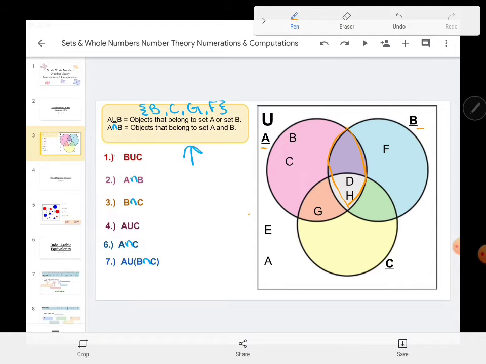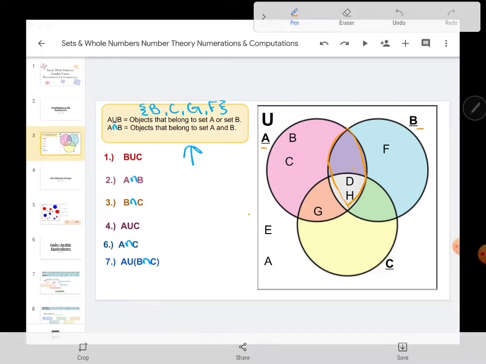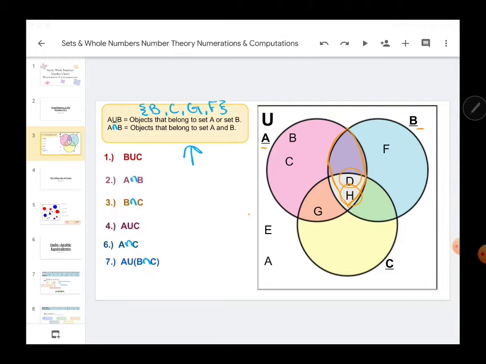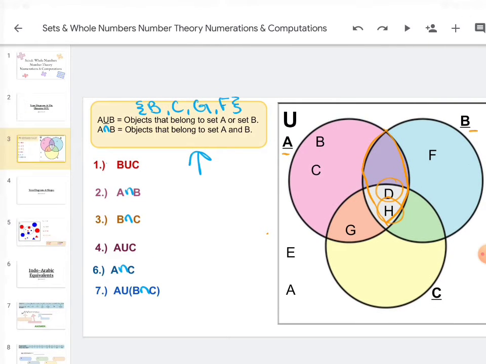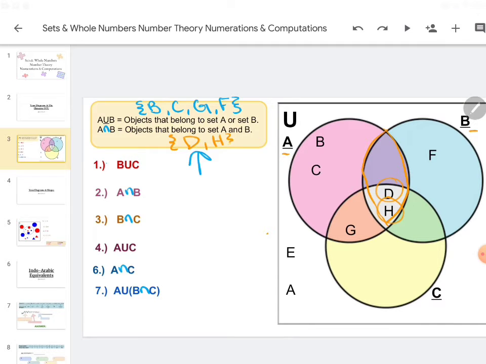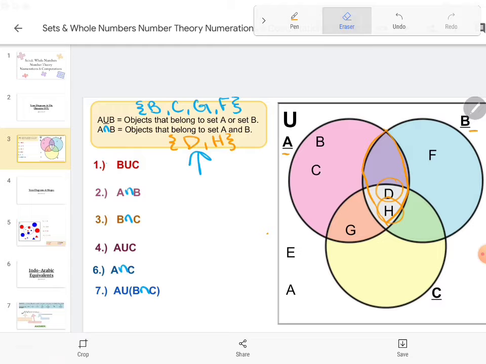All of the letters in this section are going to be a part of our solution. In our overlapping section, we'll notice that D and H are both letters in this. So we draw our bracket, put D, put H, and since those are the only 2 letters in this shared section between the 2, we close our brackets right there, and that will be our solution for the problem.